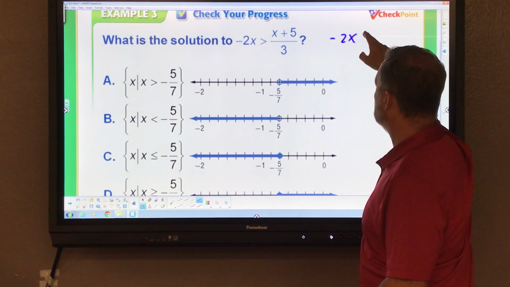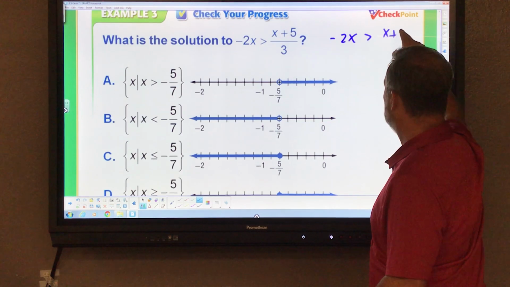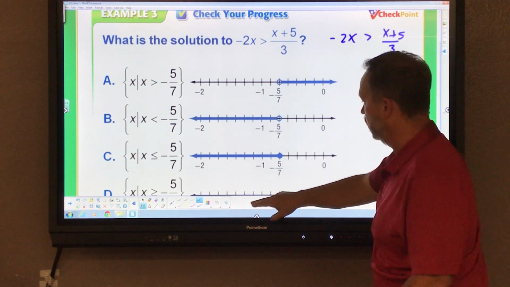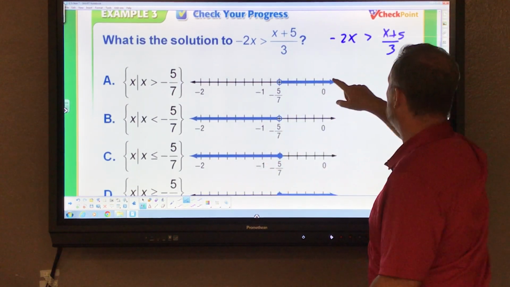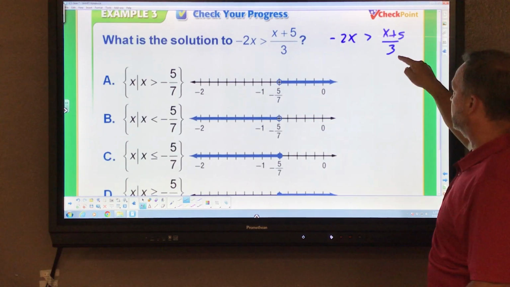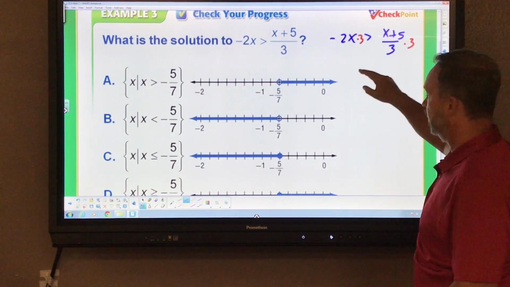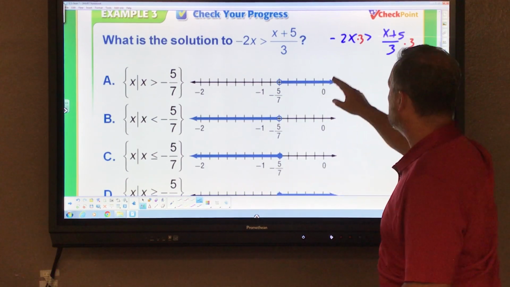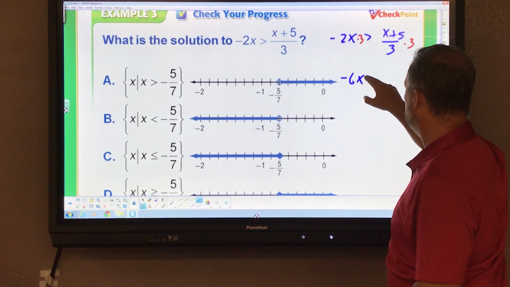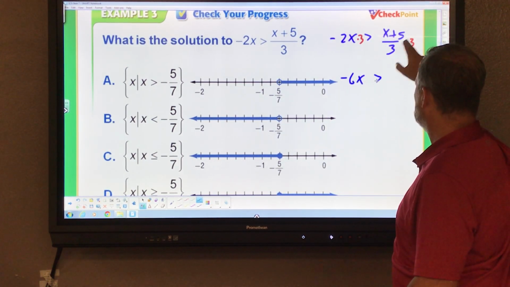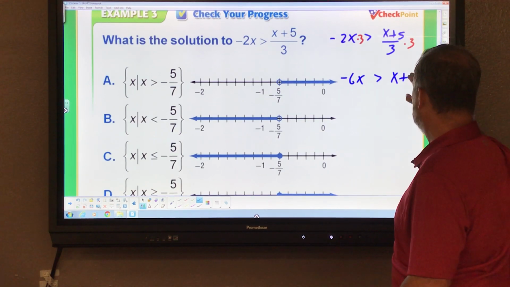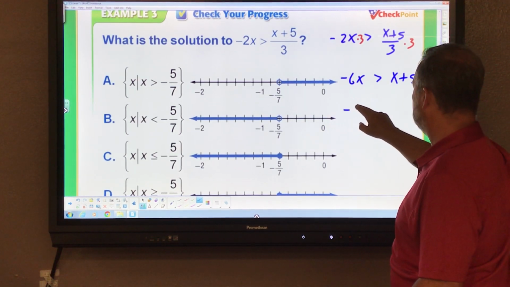Negative 2x is greater than x plus 5 over 3. So how are we going to get this inequality with fractions taken care of? We're going to multiply both sides by the least common denominator, which is 3. And so that's going to be a negative 6x. It's greater than, and the 3's cancel here, so I have x plus 5. So throw that over, I get a negative 7x.